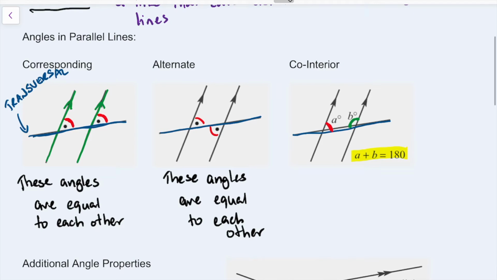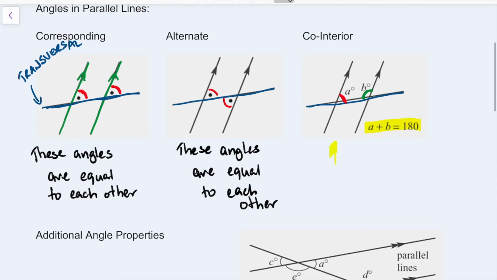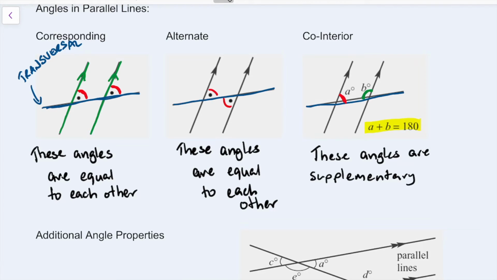So they are supplementary, which means they add to 180 degrees, or they sum to 180 degrees.